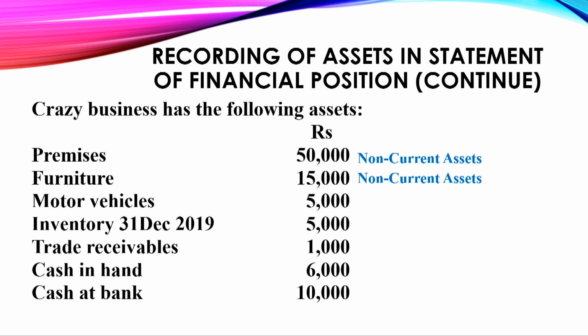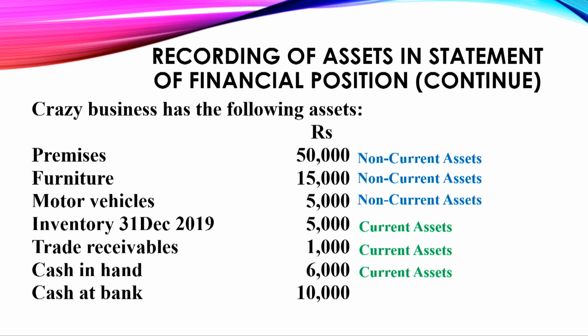What about motor vehicles? It's a non-current asset. Inventory, it's a current asset. Similarly, trade receivables is a current asset. Cash in hand is a current asset. What about cash at bank? Right, it's a current asset.